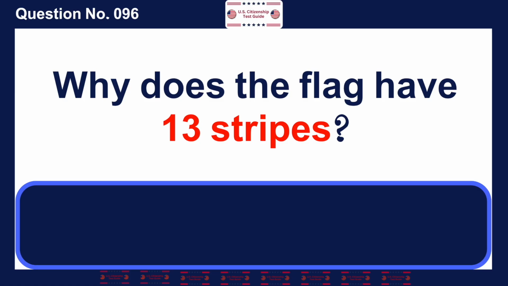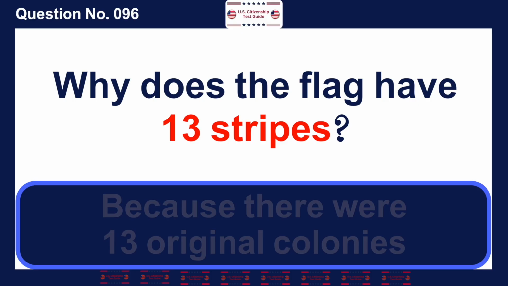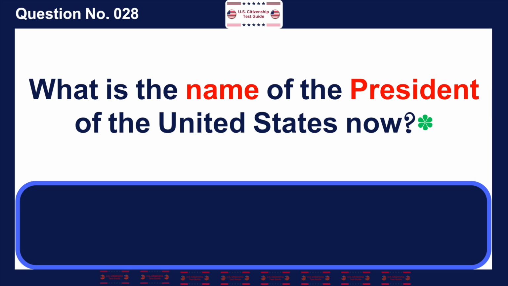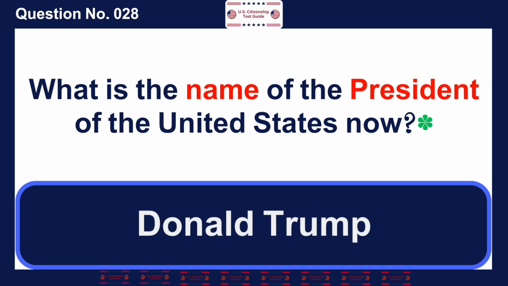Why does the flag have 13 stripes? Because there were 13 original colonies. What is the name of the President of the United States now? Donald Trump.